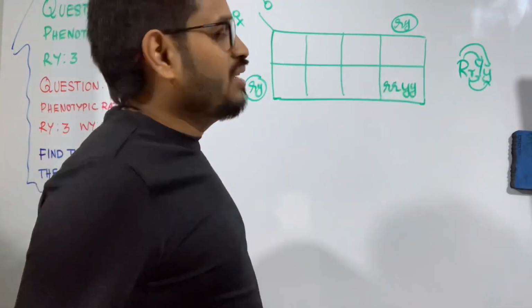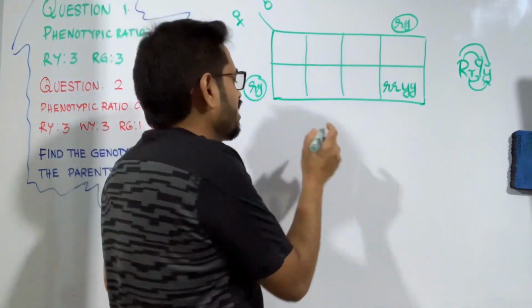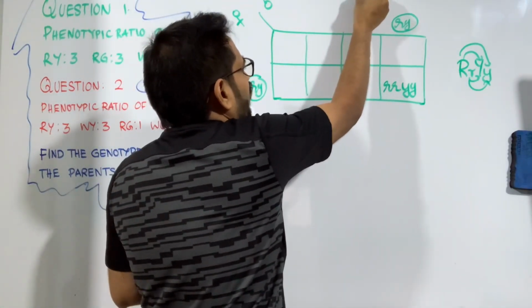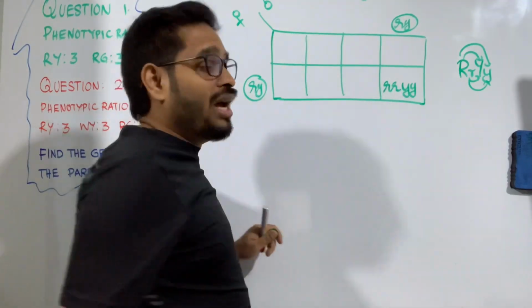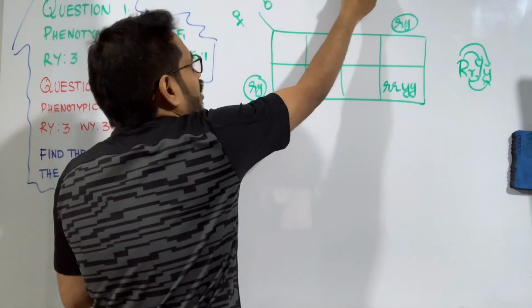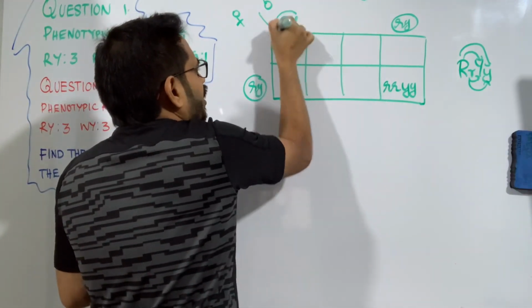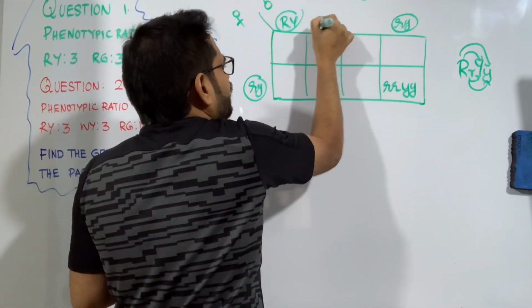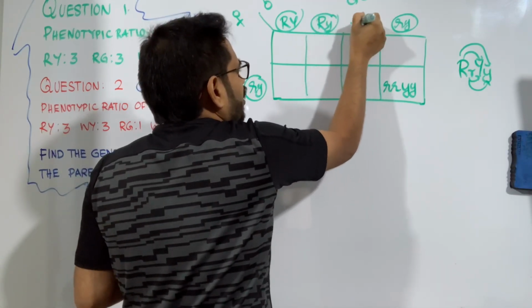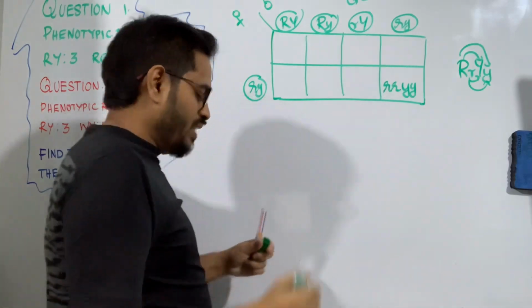So one thing we can very clearly tell from this is that one of these parents can be capital R, capital Y, small y. And from that we get all the 4 gametes of that parent: capital R with capital Y, capital R with small y, small r with capital Y, and of course small r with small y.